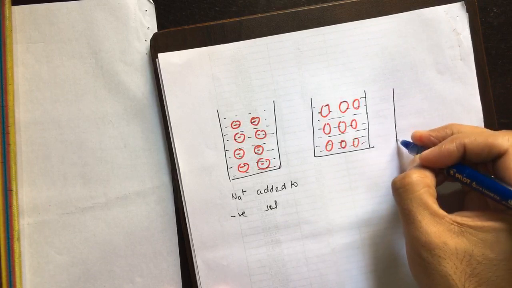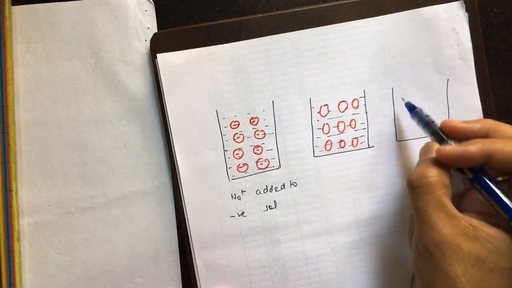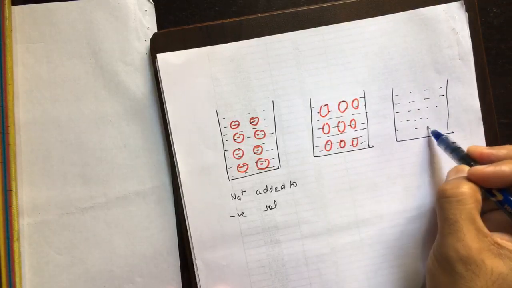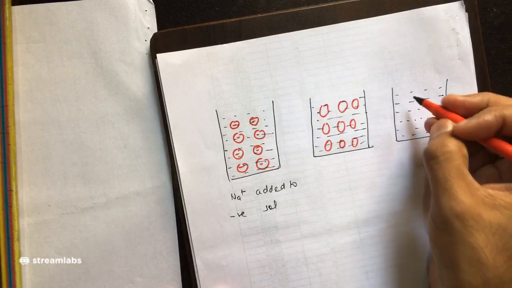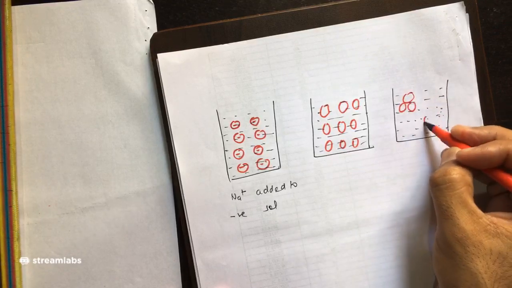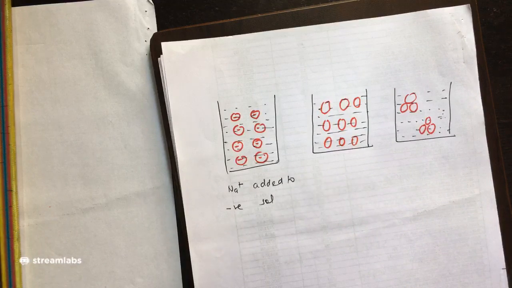These neutral particles will aggregate with each other, and this aggregation and settling down is nothing but called coagulation. These settle down under the influence of gravity, and this is called coagulation.